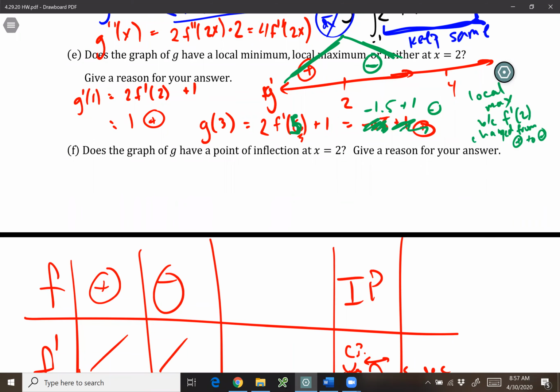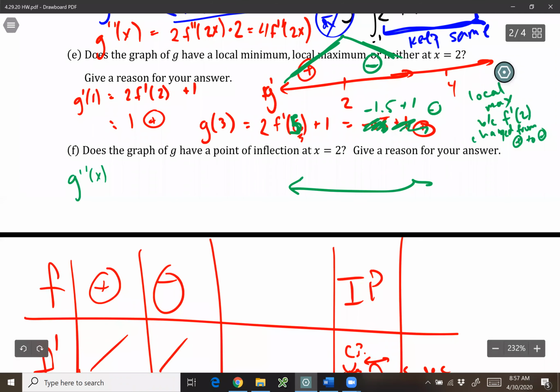Does this graph have an inflection point at x equals 2? Now we want to do the G double prime of x. So we're going to make a number line for G double prime. And again, it's best in this case to try to plug in something as close as possible, like G double prime of 1.9.